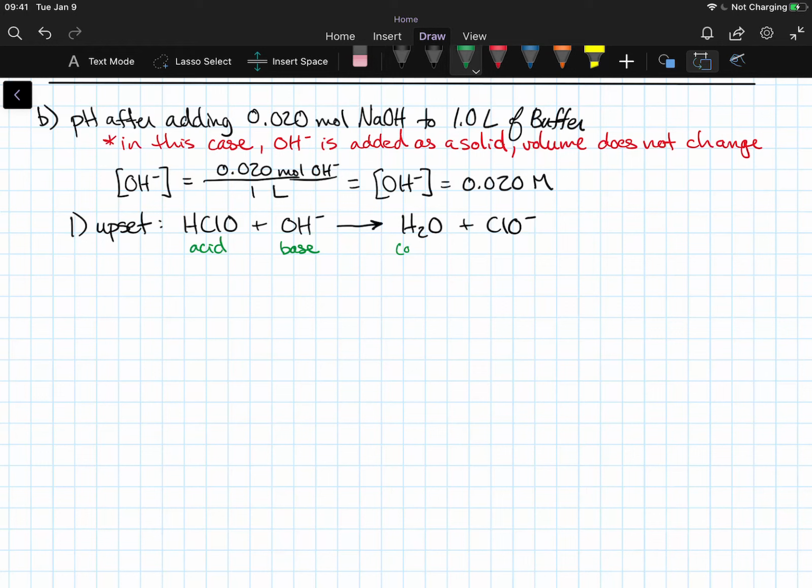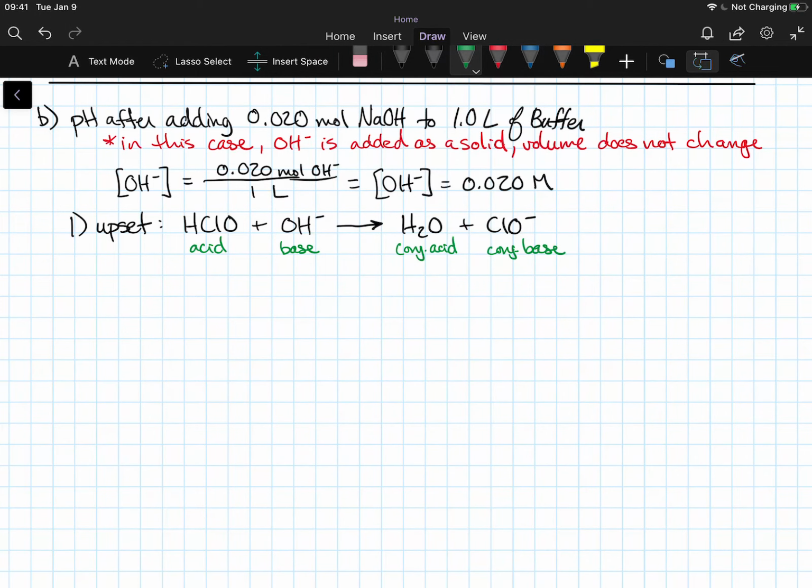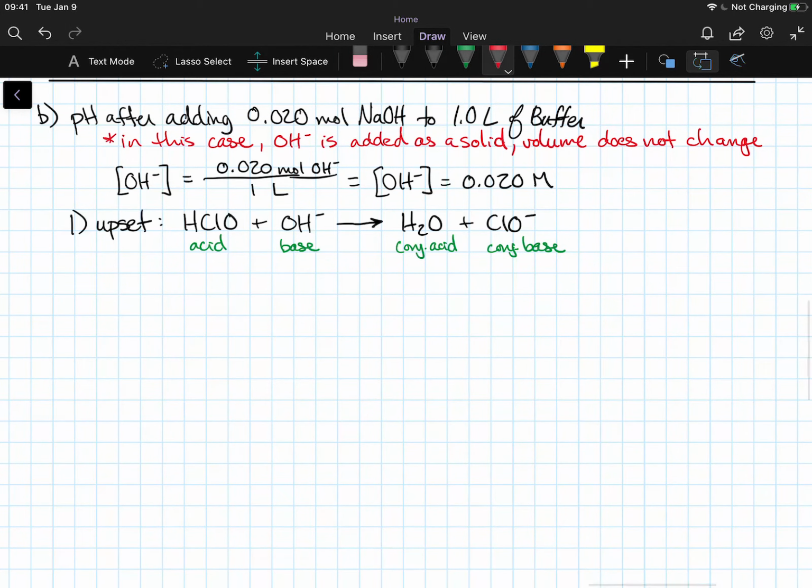So this is the conjugate acid and the conjugate base. Again, let's make another little note here. Notice the strong component reacts completely.